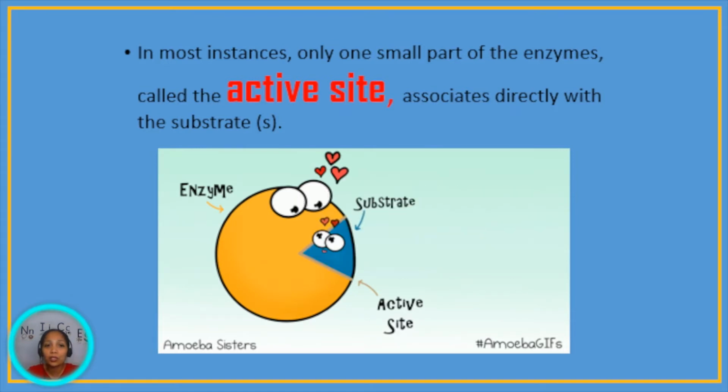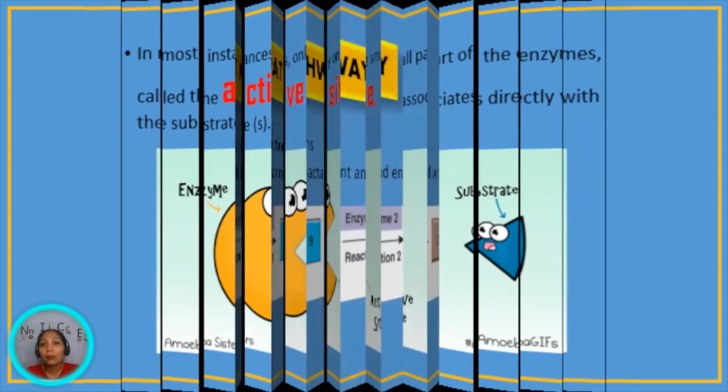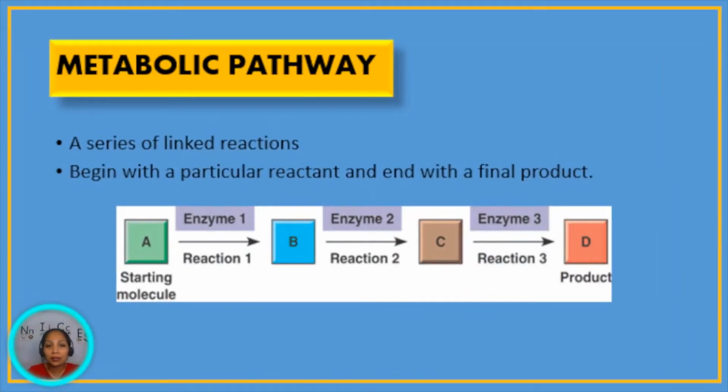A metabolic pathway is a series of chemical reactions in a cell that build and break down molecules for cellular processes. In a metabolic pathway, it begins with a particular reactant or substrate.